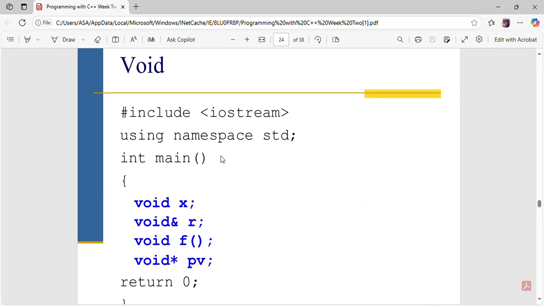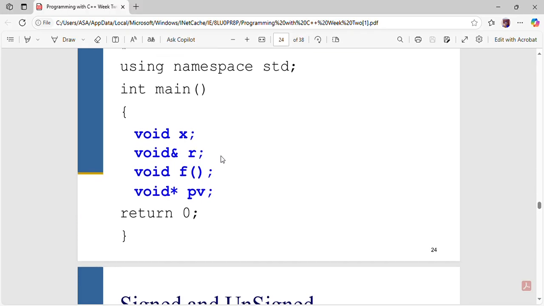So let's look at this example. We have our main source code, void x, void ampersand r, void f open and close brackets, and then void asterisk pv, and return 0.